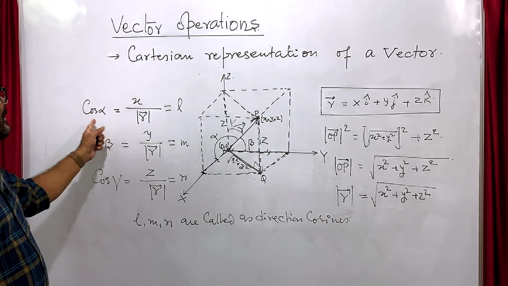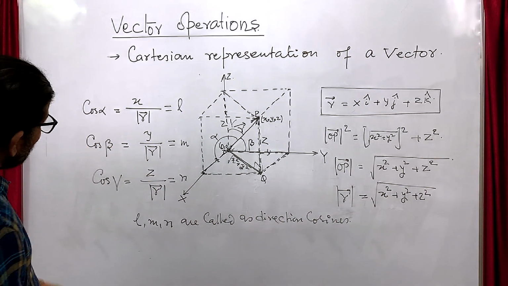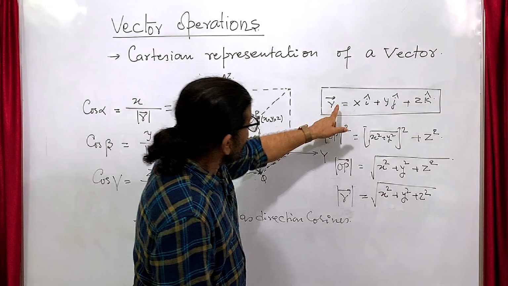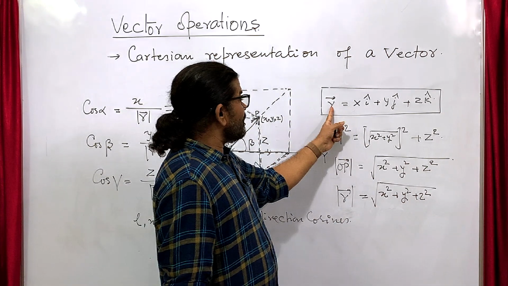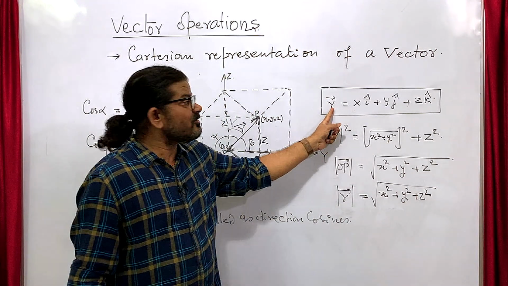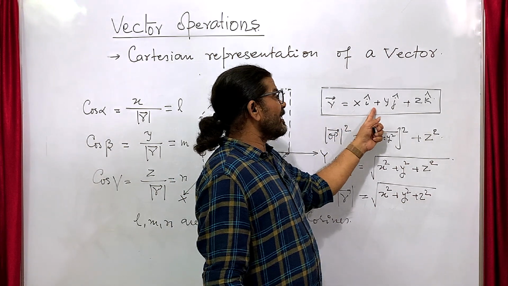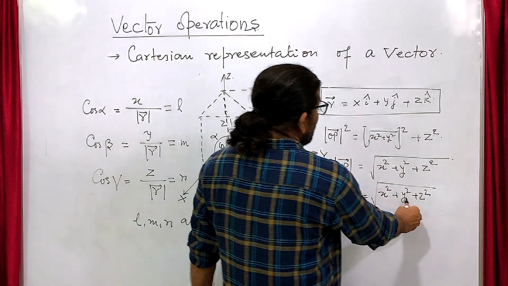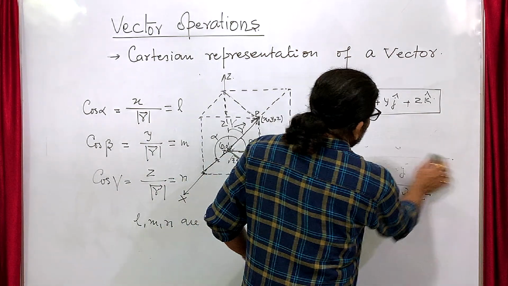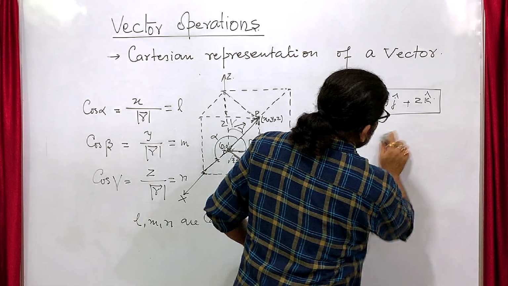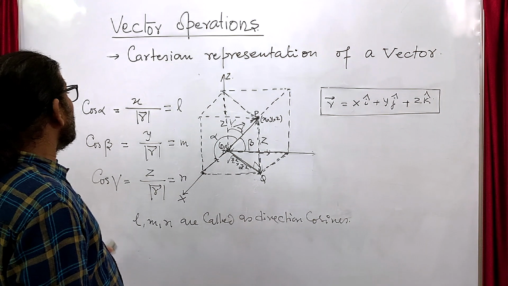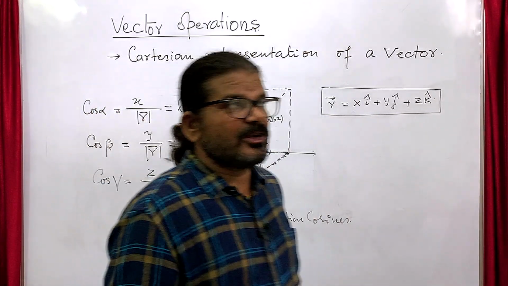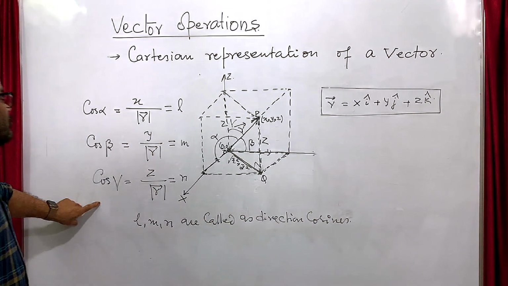Now I am giving you the square of this. Before erasing, let me remind you that if you want to express a vector in three dimensions, vector r can be written as x component i cap, y component j cap, and z component k cap, and its magnitude is the square root of the sum of squares of the component vectors. And regarding direction, if alpha, beta, gamma are the angles made with the x-axis, y-axis, and z-axis respectively, then their cosines are called the direction cosines of the vector.